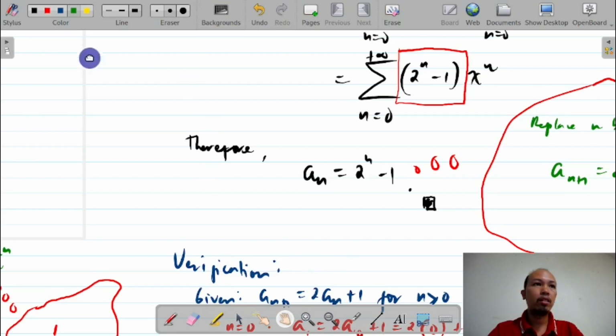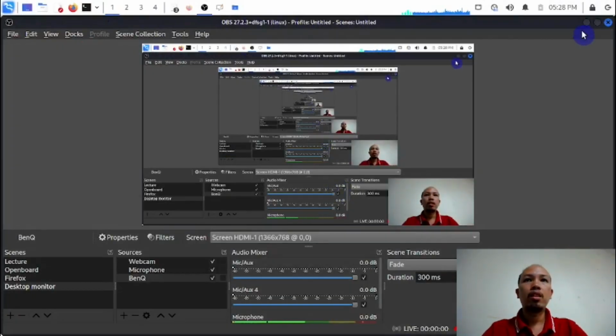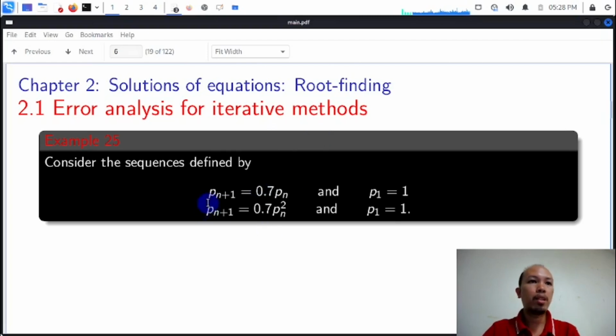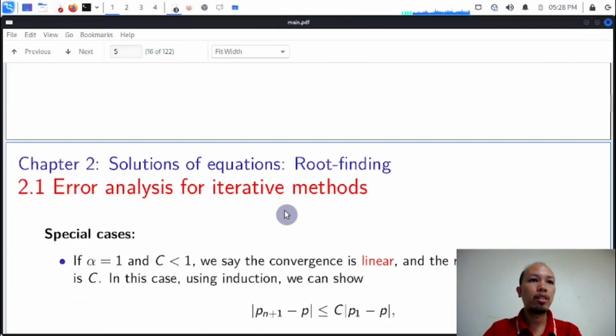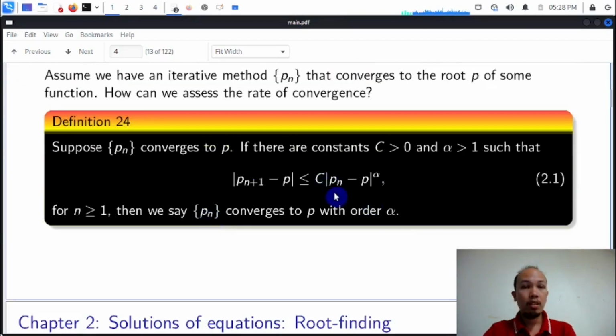the p there. I don't know if you remember, let's go to our definition, this one here. If you remember our definition 24, this one, we discussed this before, and we need the limit of the sequence.